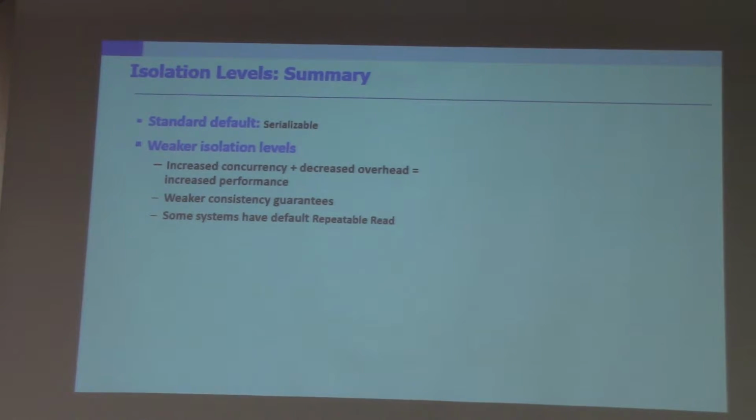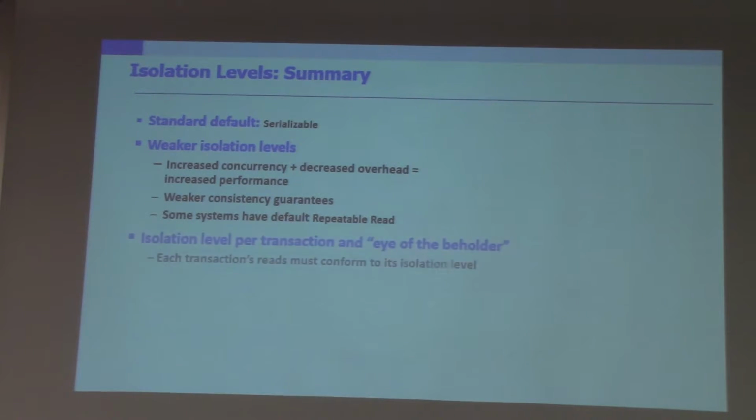Repeatable read is the second strongest isolation level. Then there are 2 more isolation levels that typical commercial database engines are able to support. In most cases, by default, people go with either serializable or repeatable read. That's why I cover these 2, and the other 2 I leave for you to explore. If you're interested, you can just Google online and look through what the other 2 isolation levels are. But typically, people go with either serializable or repeatable read. Okay.